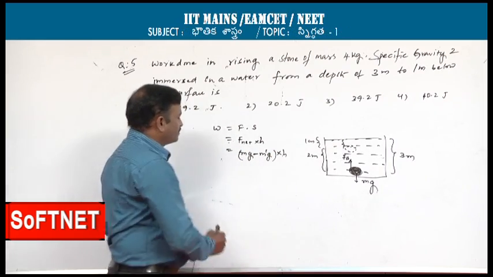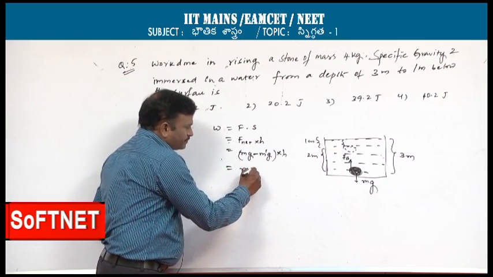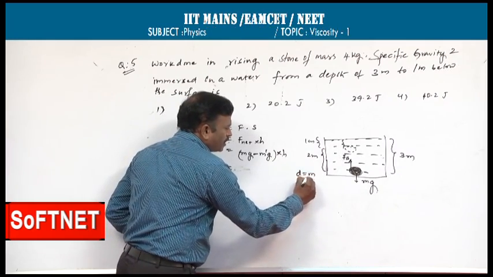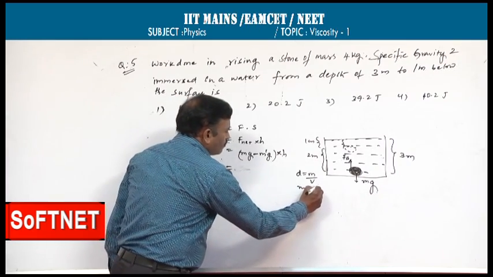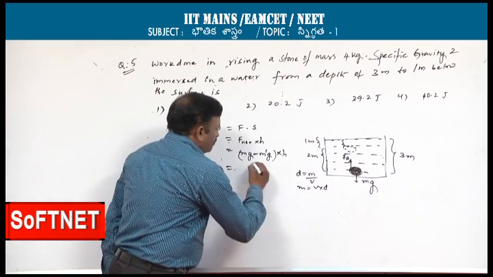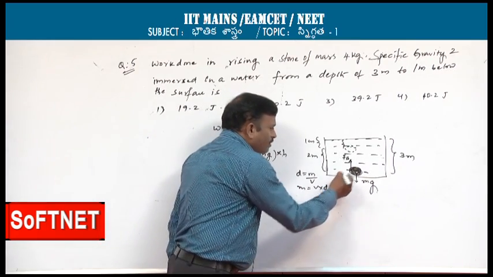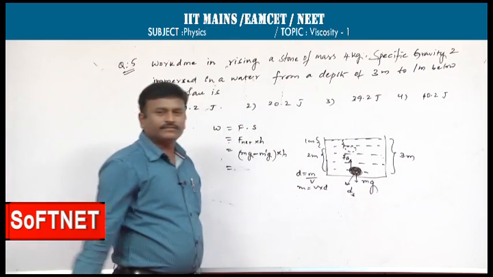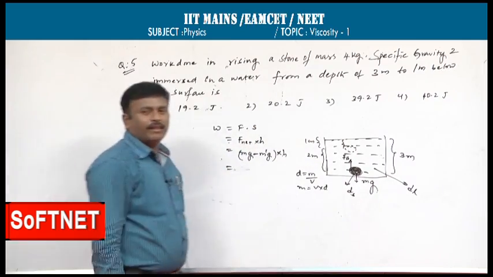Here the height is h. Now mg we can write in terms of mass: density is mass by volume, so mass equals volume into density. Here two densities are there. Density of the body let us take as ds, solid. Density of the liquid we take as dl.